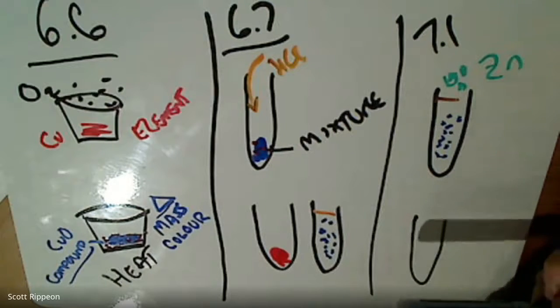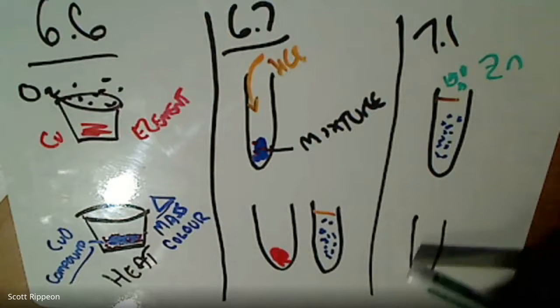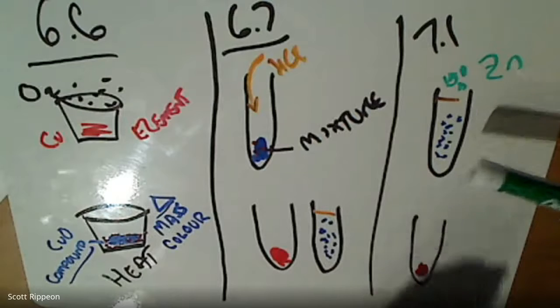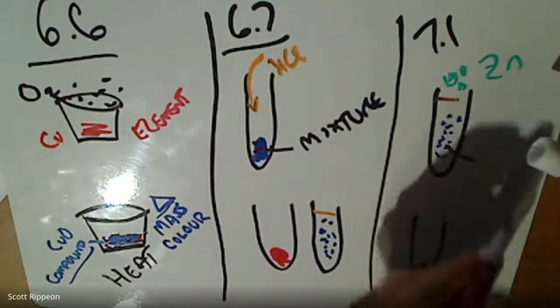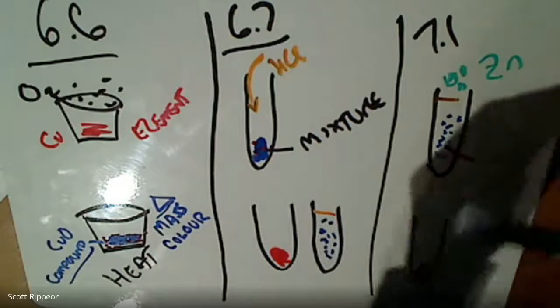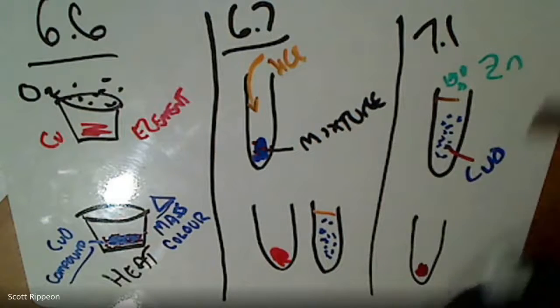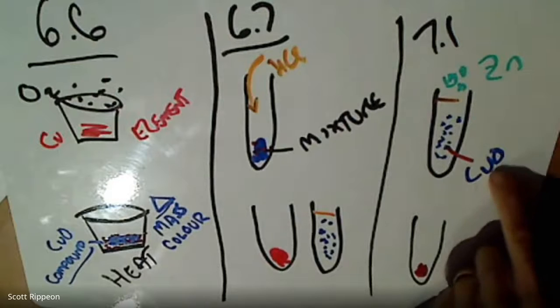All right, and when we were finished, once again, what we got was the red. The copper came back. So this copper that was in this compound copper oxide was separated out. So if you want to think about it, what was going on was the copper was together with the oxygen.